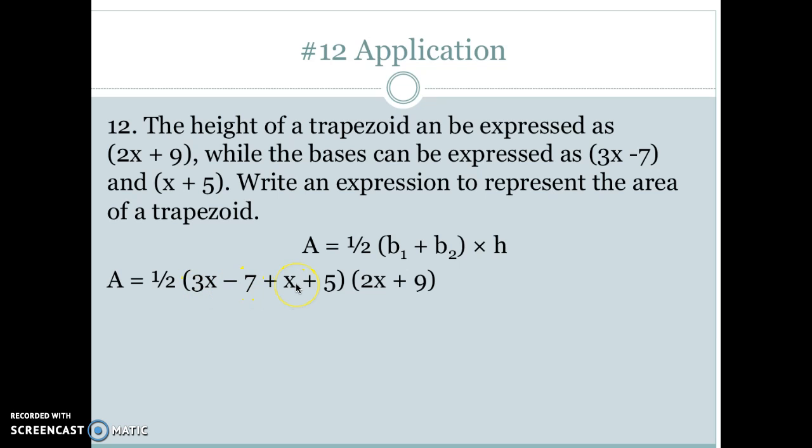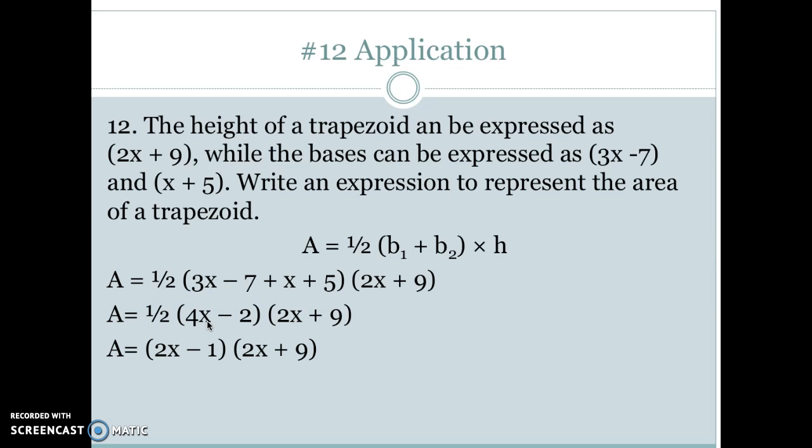We combine like terms within our parentheses, and we are left with 1/2 times (4x minus 2) times (2x plus 9). Now we distribute that 1/2 to the 4x and minus 2, and we're left with (2x minus 1) times (2x plus 9). You then FOIL the problem, and the area would be 4x squared plus 16x minus 9.